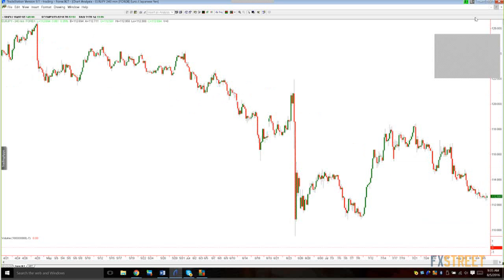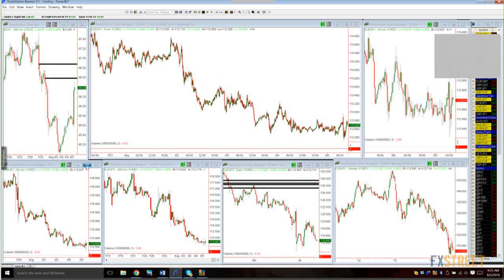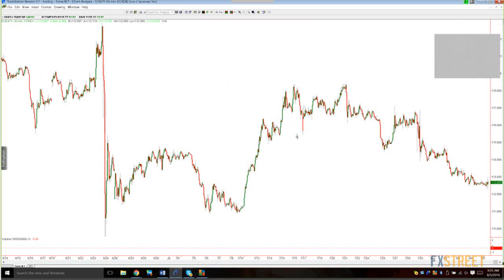Let's actually go to the smaller. There we go. So if you had to just, again, quickly define your fresh supply and fresh demand, both above and below current price, coming out of this drop base rally demand, you have a zone right there.